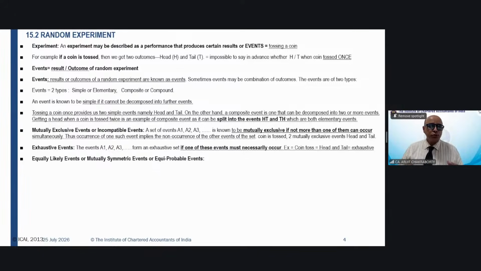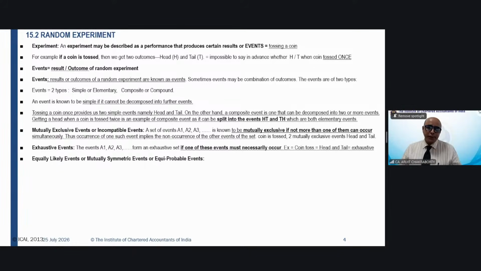Two or more events are mutually exclusive if not more than one of them can occur simultaneously. Then what are exhaustive events? Exhaustive events means that out of the possible events, one of them must necessarily occur. So even when I'm talking about an examination, either I pass, I am declared successful, or I am declared unsuccessful. There is no in between.